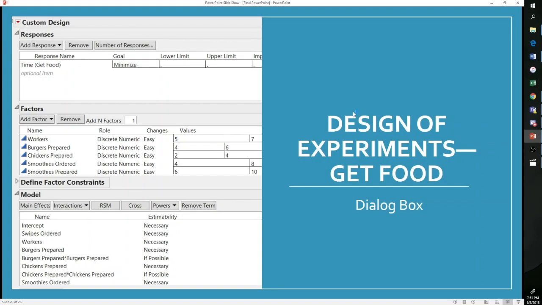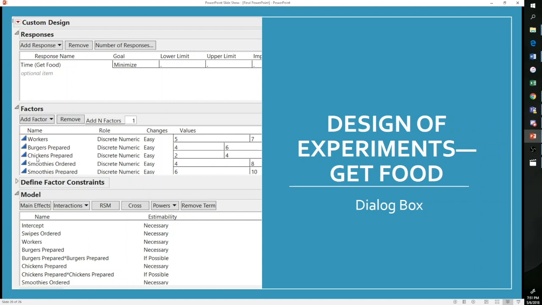Our other design of experiments is the time to get food, and again the response is the time to get food, and the goal is to minimize it. And this time we have 5 factors, all are continuous. The first factor is workers, and we have either 5 workers or 7 workers. Burgers prepared, 4 or 6 burgers.